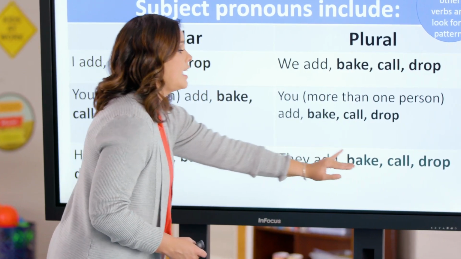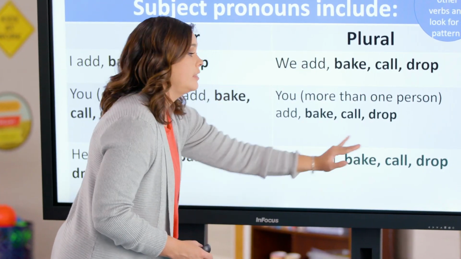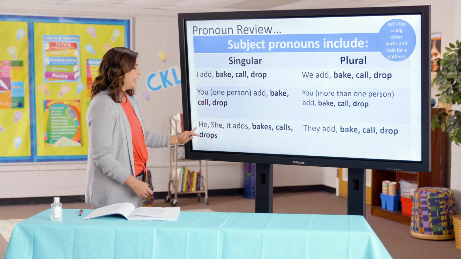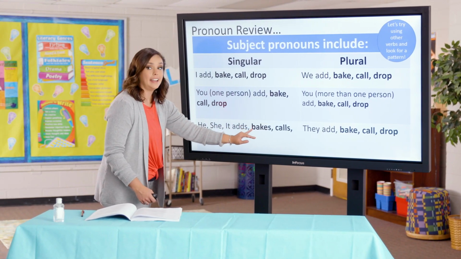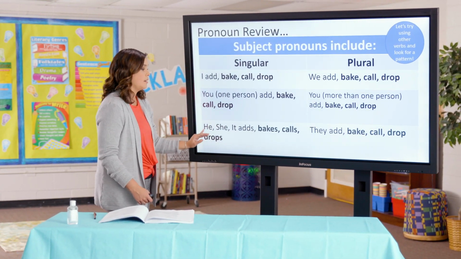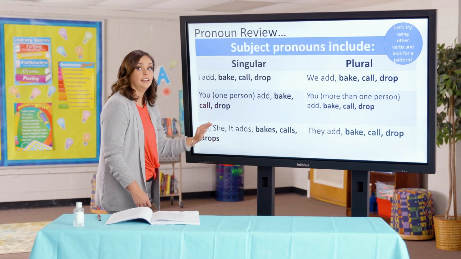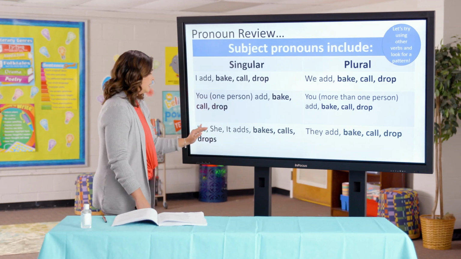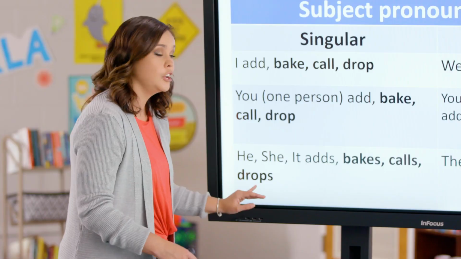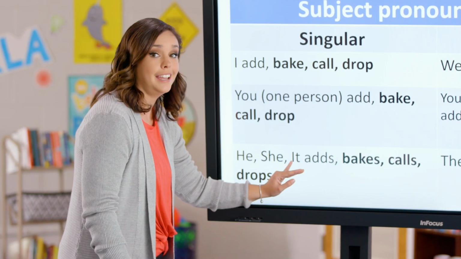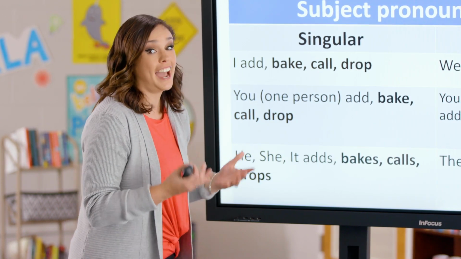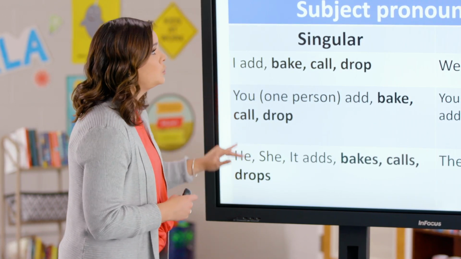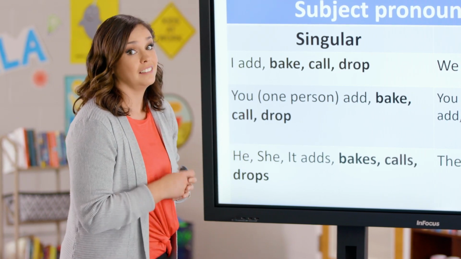They add, they bake, they call, they drop. He, she, it adds, bakes, calls, drops. He bakes, he calls, he drops. Notice with he, she, and it, we're adding the suffix again to the end of each action verb. And this is the only subject pronoun that this occurs with.